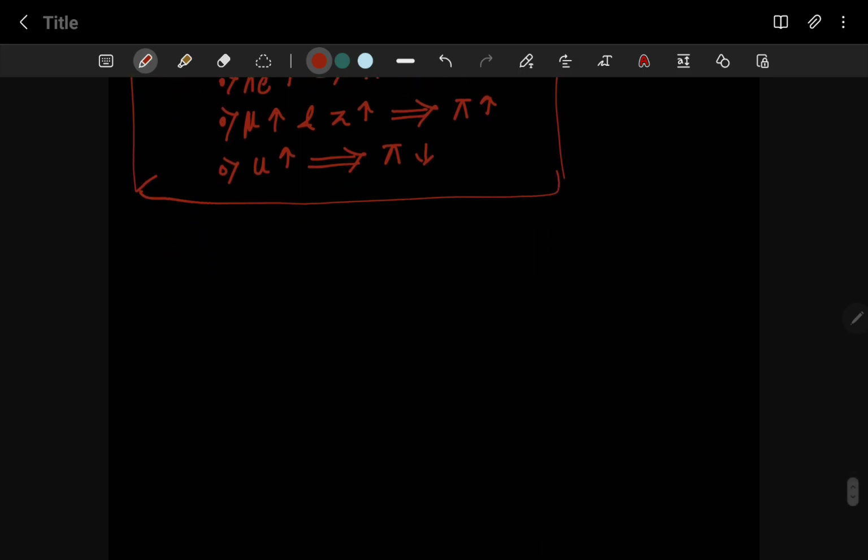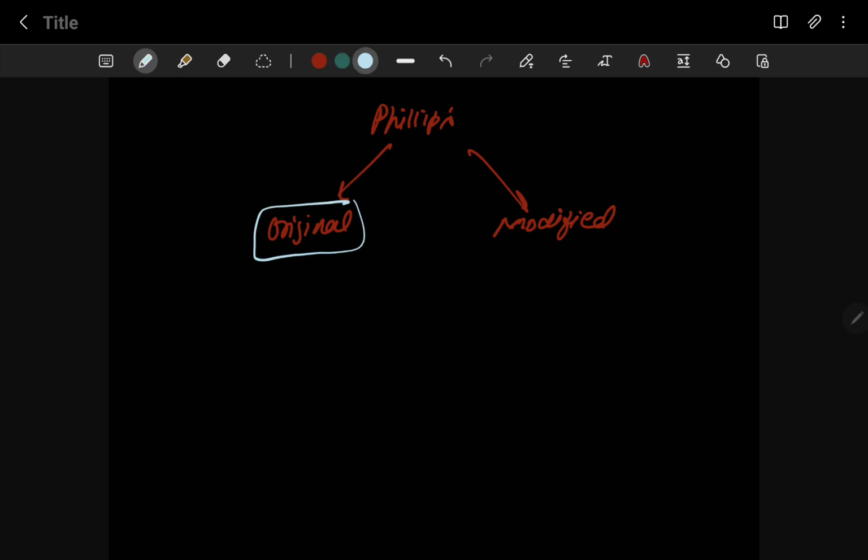Now we can move ahead with the different types of Phillips curve: the original form and the modified form. Your original form was derived before the 1960s. Before the 1960s, there was no concept of expected inflation or natural rate of unemployment.